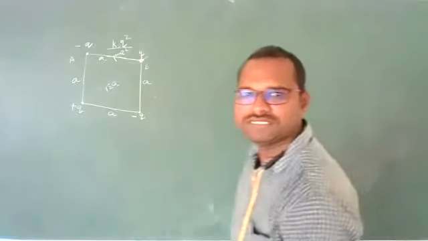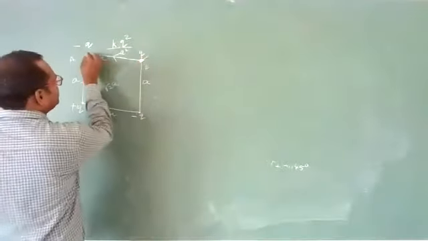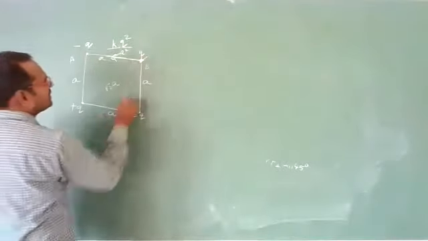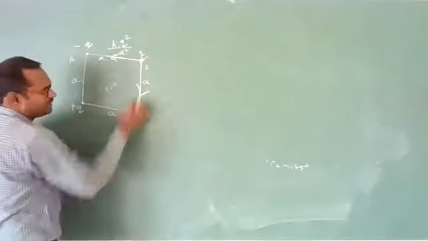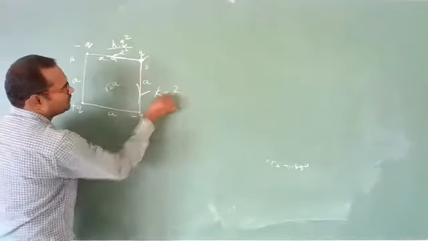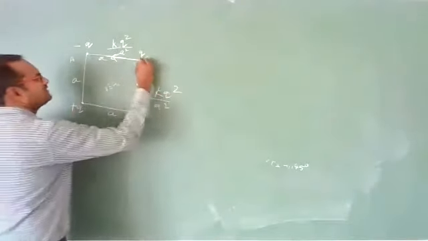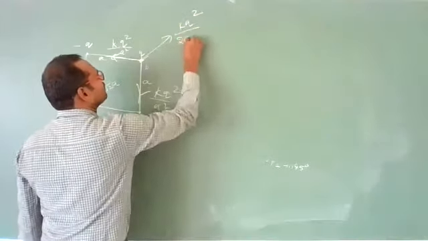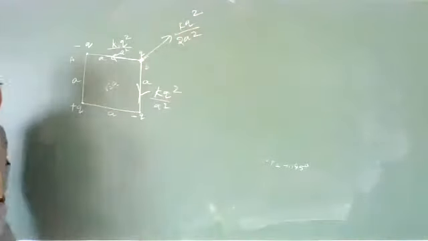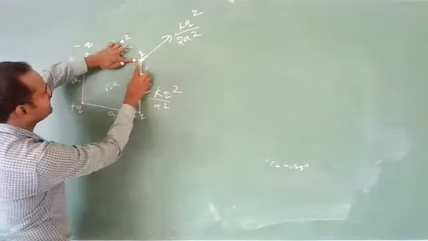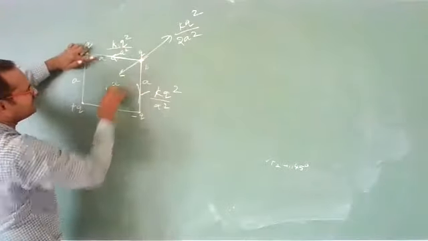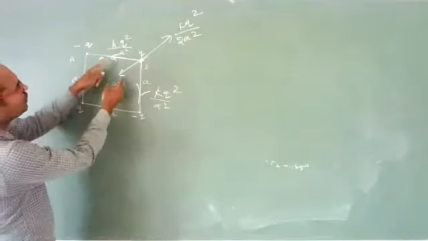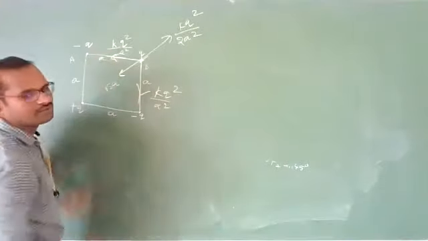See, this force is in this direction. This force is in this direction. Attractive force, value is kq square by a square. Whereas this force is in this direction only, kq square by 2a square, because root 2 is there. Now these two forces are in this direction. The resultant of these two will be in this direction: root 2 times kq square by a square.